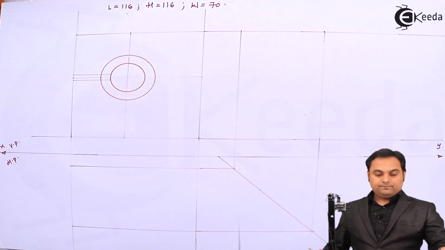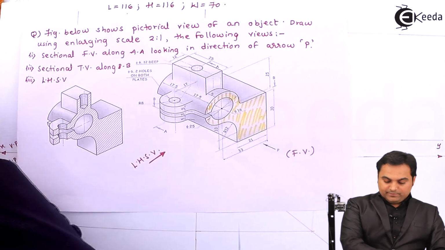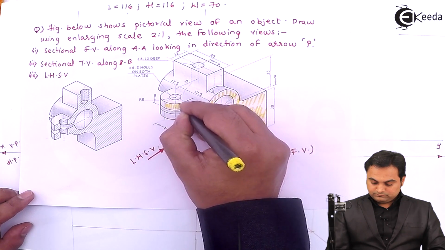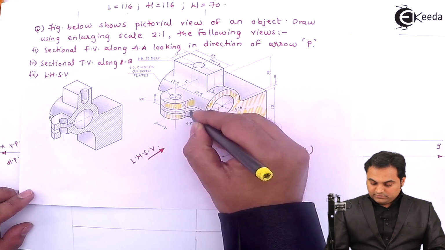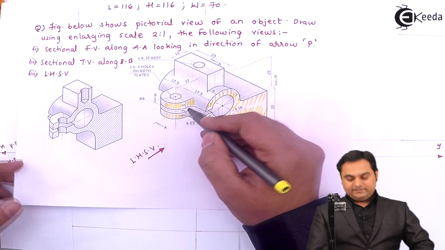Then there are these heights of 5, these surfaces would be visible, so that will become 10 for us.